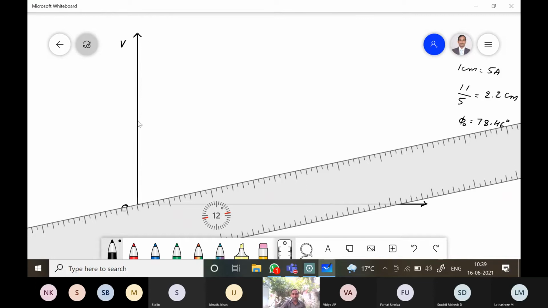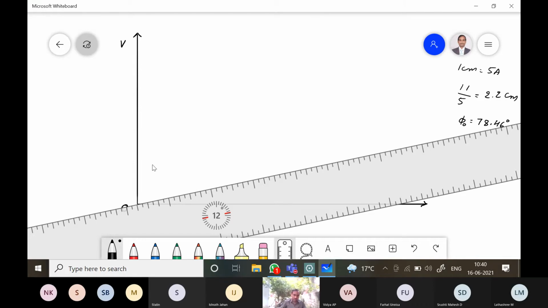You need to keep the protractor on the y axis, you will get directly 78.46. In my whiteboard there is no option for that, so therefore I have taken on the x axis 12 degree, 90 minus 78.46.